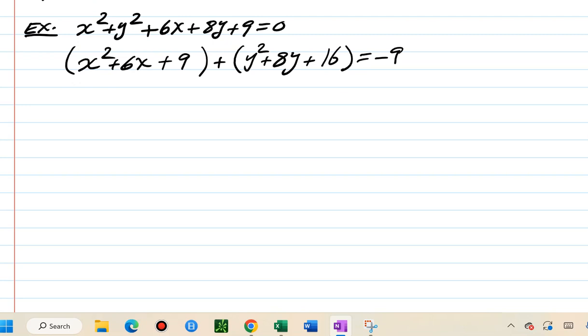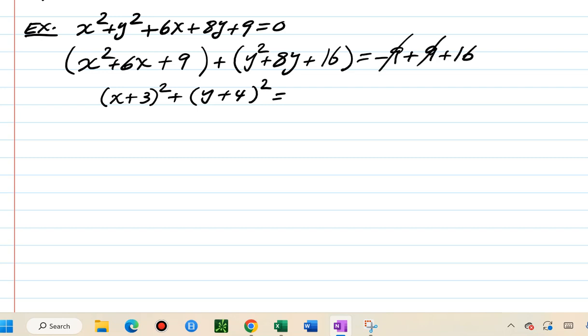Now, once we have that, the binomial form is going to be x plus 3 squared plus y plus 4 squared equals, now I need to add 9 and 16 because we can't just add to one side. So I added 9 and 16 to the other side. The 9 and -9 add to 0, they're opposites. So there's the equation of that circle.